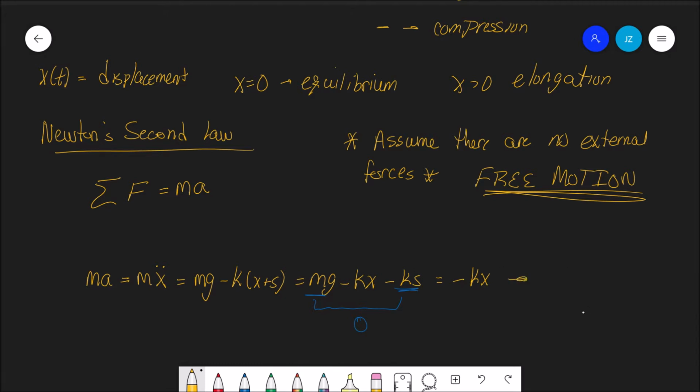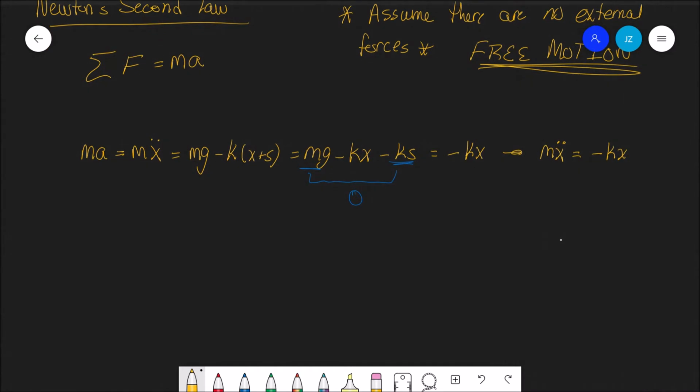In other words, m x double dot has to equal negative kx. This means that m x double dot plus kx is 0. Putting this into standard form, we get x double dot plus k over m times x is equal to 0.